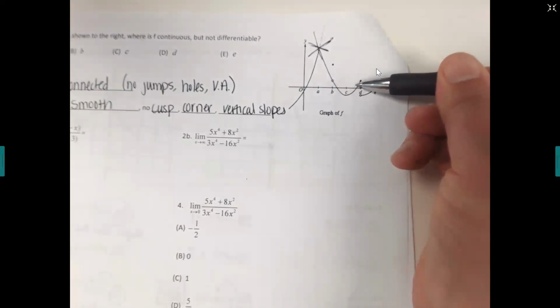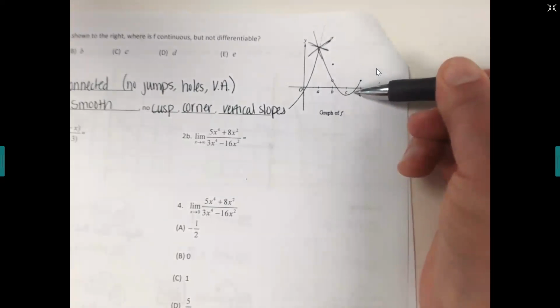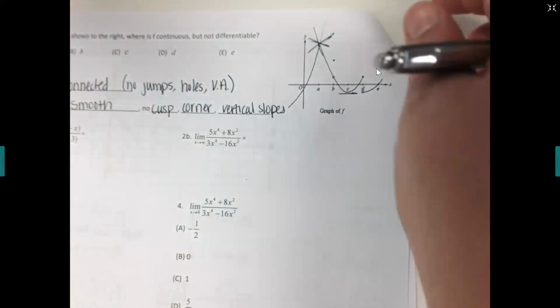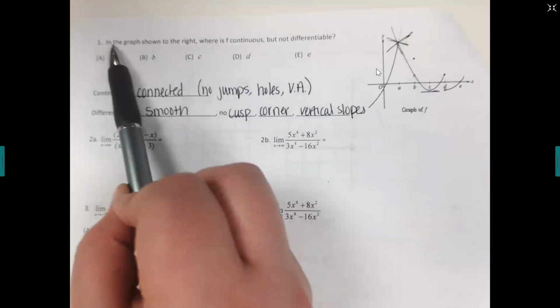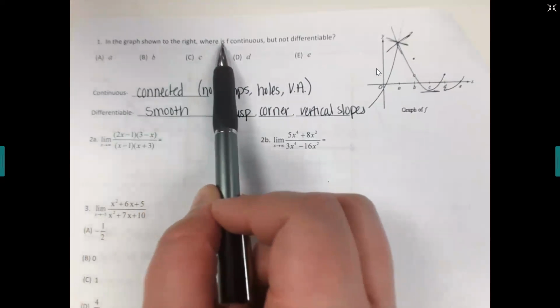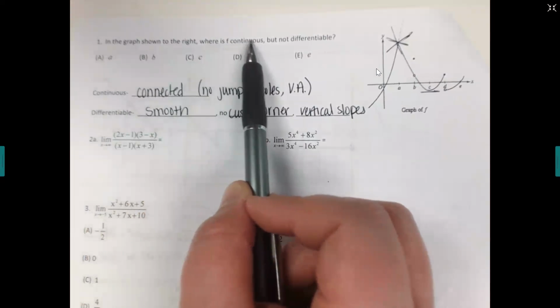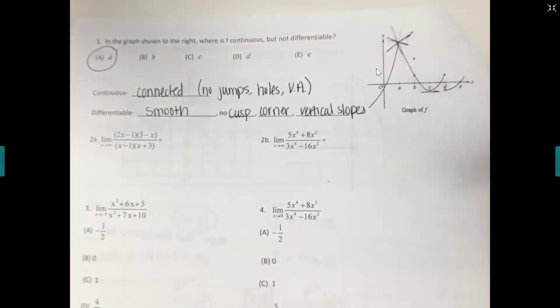What would my slope be at C? At 0. Okay, so C is totally fine, but A is not differentiable, which is the answer to the question, because it has that cusp. So up here, it says in the graph where F is, where is F continuous, but not differentiable, it would have been A. Okay. Any questions on that?